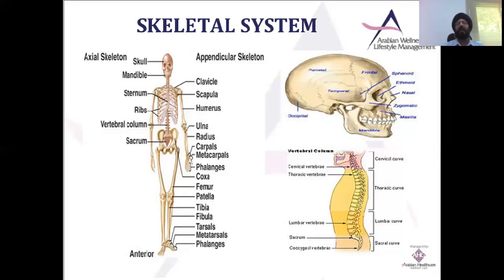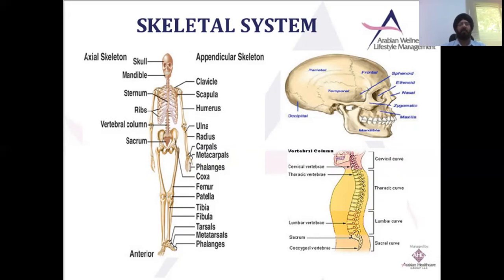Skeleton means the baseline structure on which the entire body is based on. Broadly, skeleton is divided into two sections, axial and appendicular. Axial means which forms the core of the skeleton, the center of the skeleton, whereas appendicular forms the appendages, that means the extremities, the limbs.